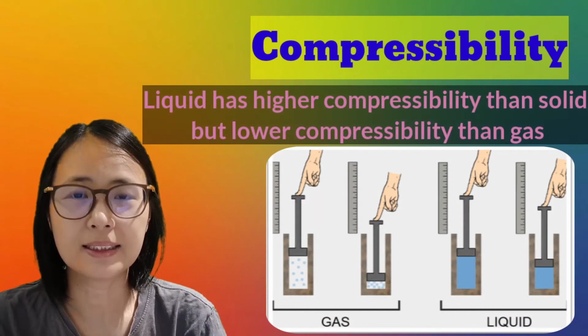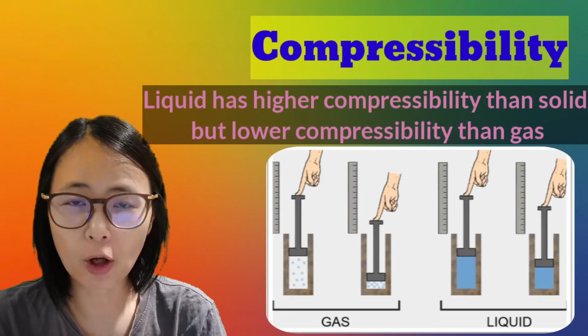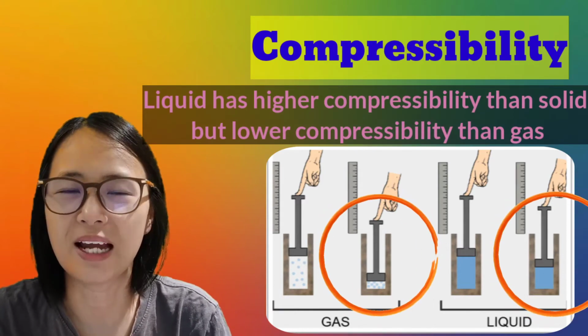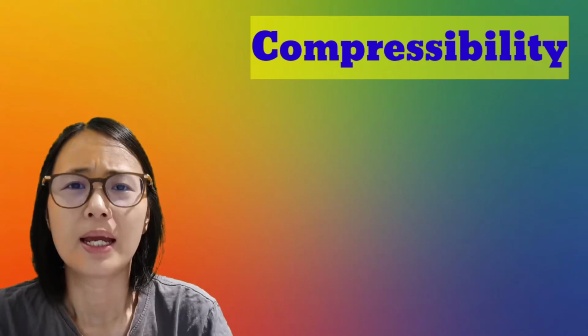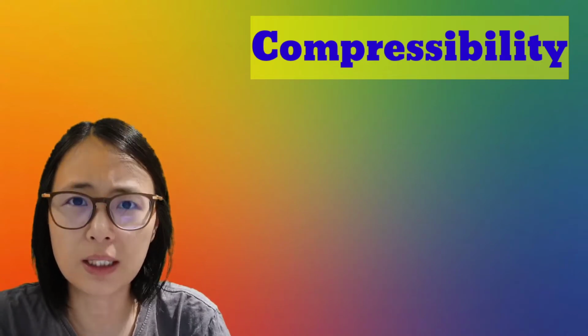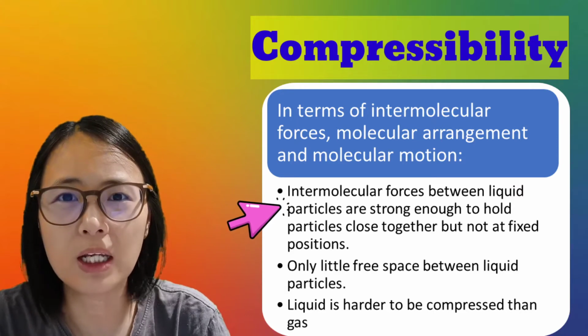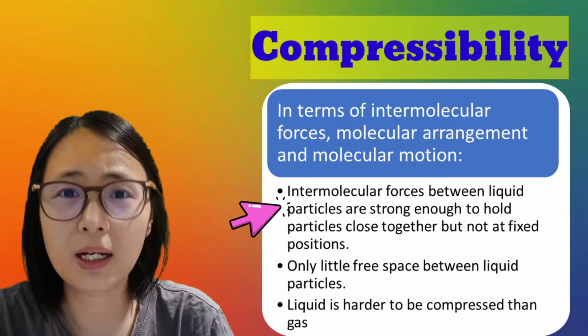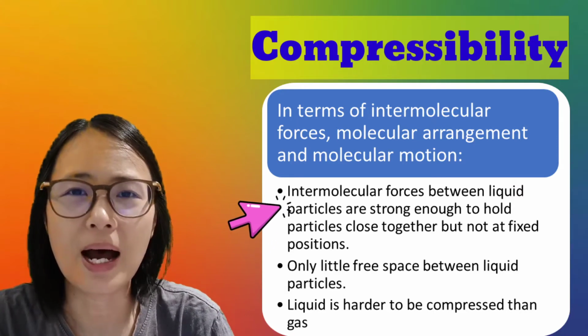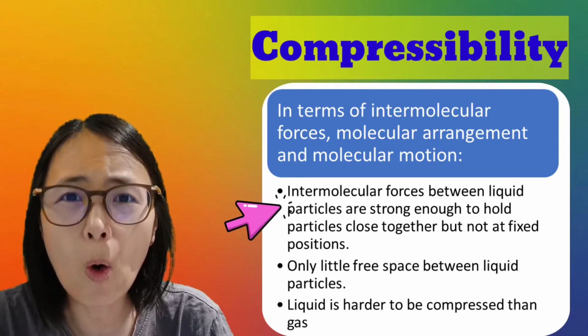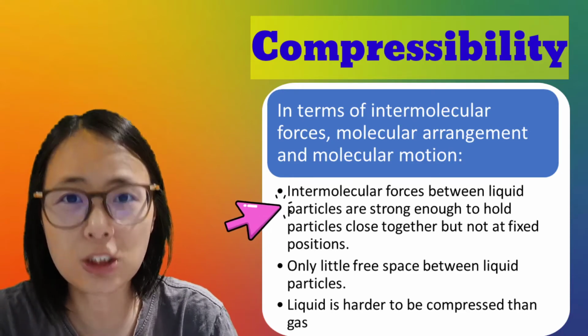Liquid has higher compressibility than solid but lower compressibility than gas. Why? In terms of intermolecular forces, the intermolecular forces in liquid are strong enough to hold the liquid particles close together, but not strong enough to hold the liquid particles at fixed positions.